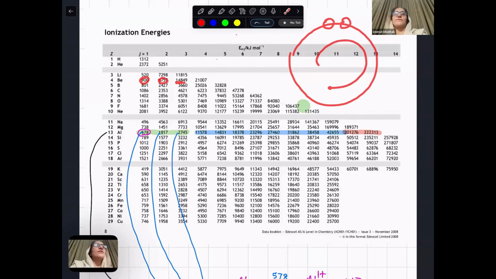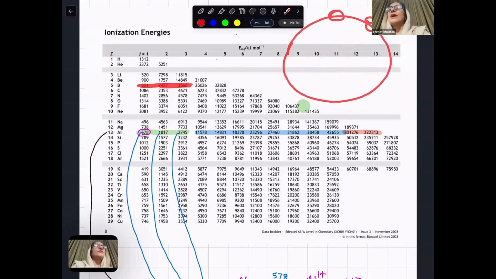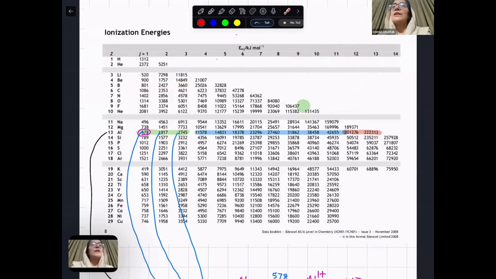In boron, 800, 2,000, 3,000, and 25,000. Why? Because 3 electrons are in the last shell, and 2 electrons are in the next. So there's a gradual rise, and then there's a sharp rise. Look at carbon: 1,000, 2,000, 4,000, 6,000, and 37,000.